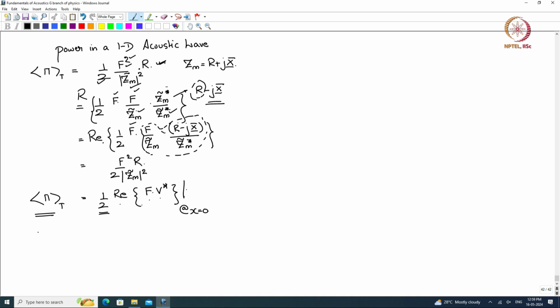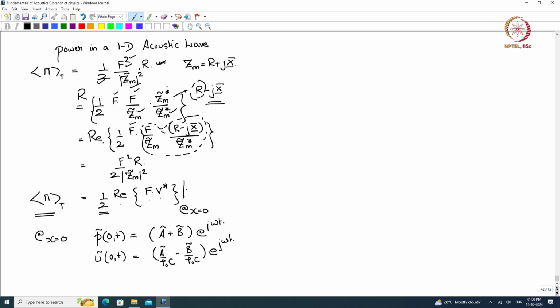Now at x equal to 0, the pressure is given by A tilde plus B tilde, e to the power of j omega t, and the particle velocity is given by A tilde by rho 0 c minus B tilde by rho 0 c, e to the power j omega t.